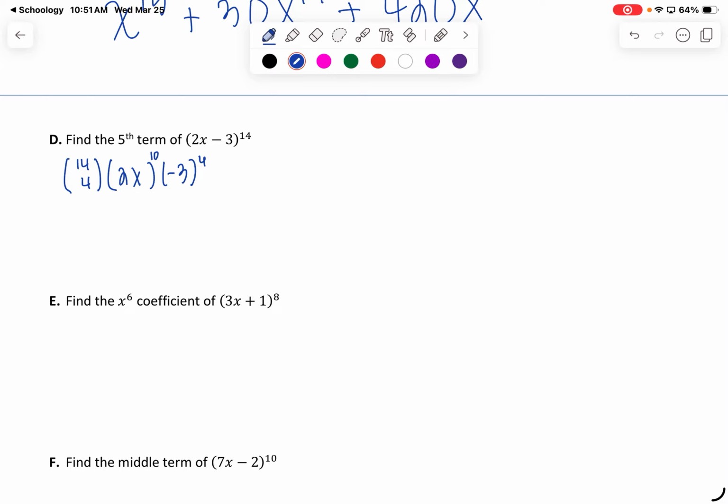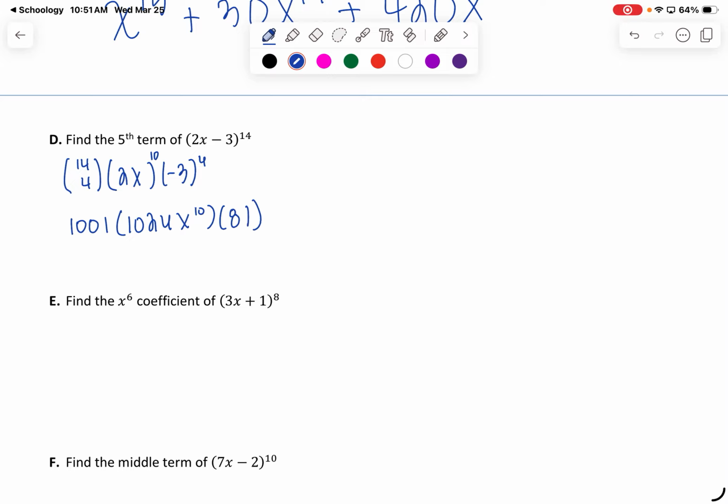14 choose 4, I'm going to put it in my calculator. 14, math, probability, 3. 14 choose 4 is 1001, times 2 to the 10th power is times 1024, x to the 10th, times 81.